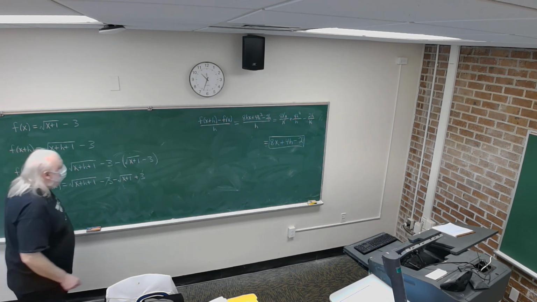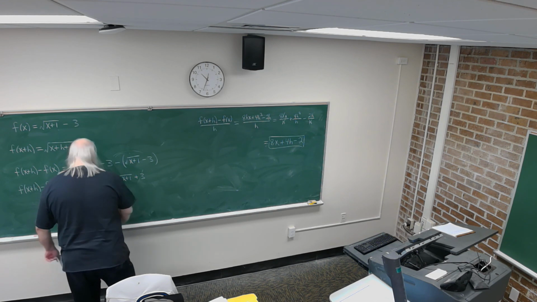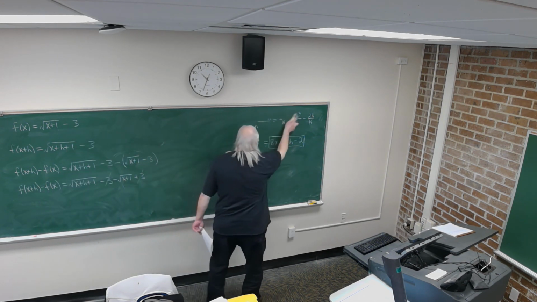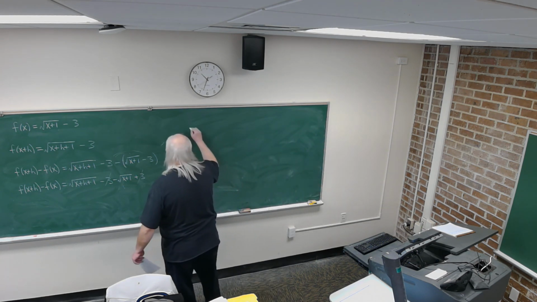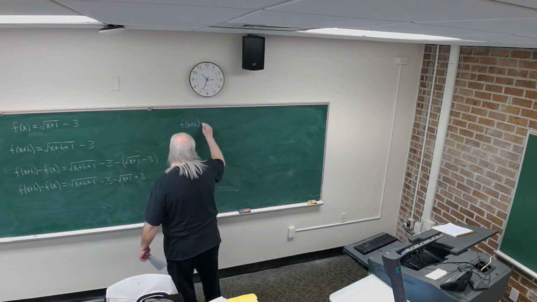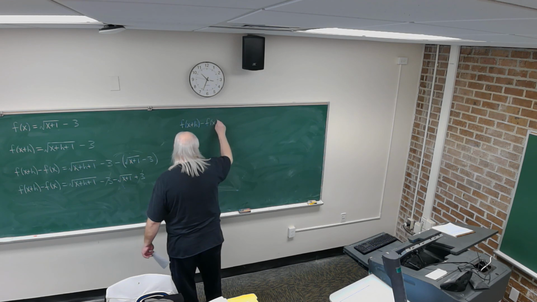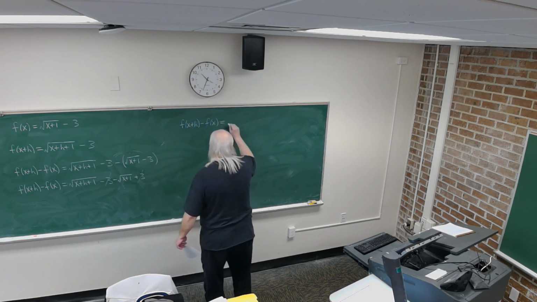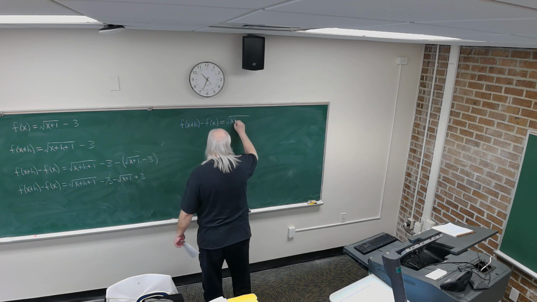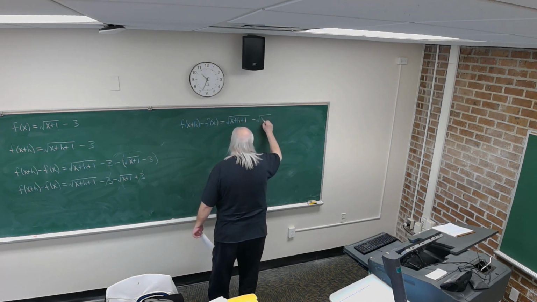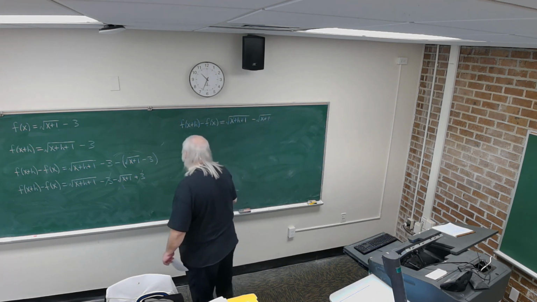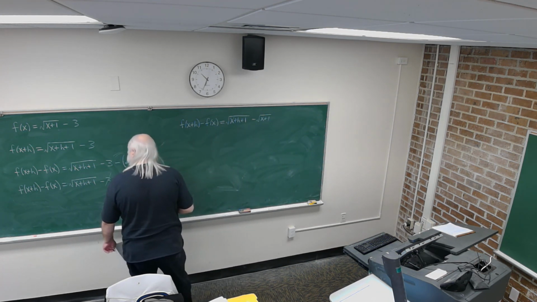We're left with f of x plus h minus f of x is equal to the square root of x plus h plus 1 minus the square root of x plus 1. So that's f of x plus h minus f of x.